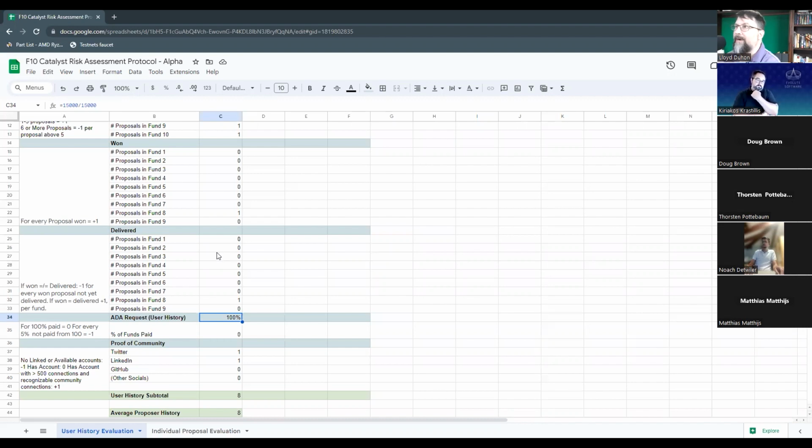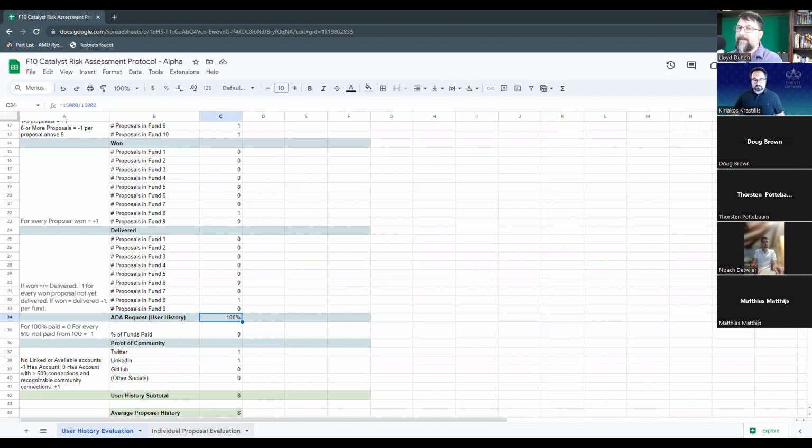Very good. So in this part here, because this is the user history part, in the proposal evaluation there is a metric that I'm working on for the current round. But again, I like that feedback for the previous rounds.